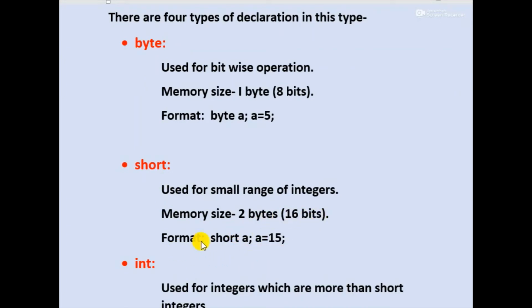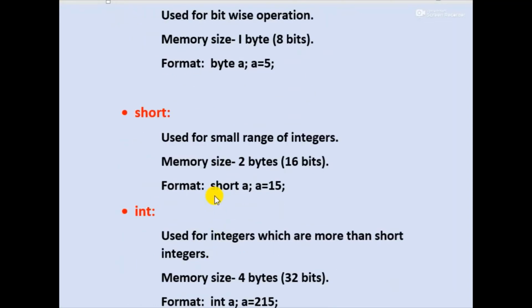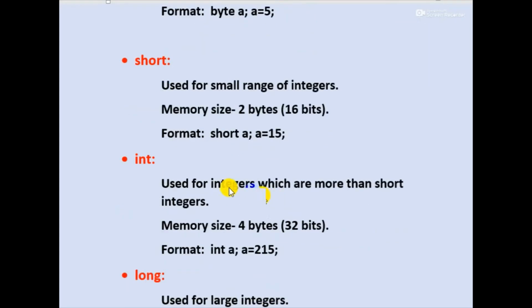And how can we declare a variable of short type? That is short, the name of the data type, then the variable name. Now this variable can hold a small integer value, that is 15.